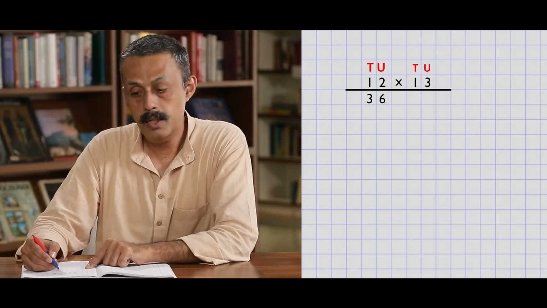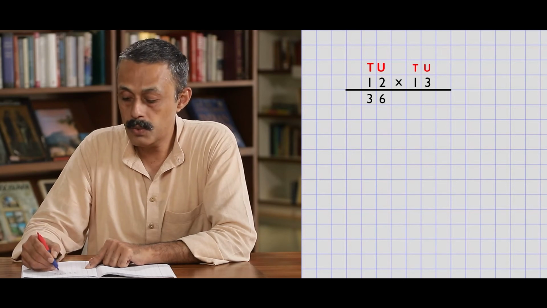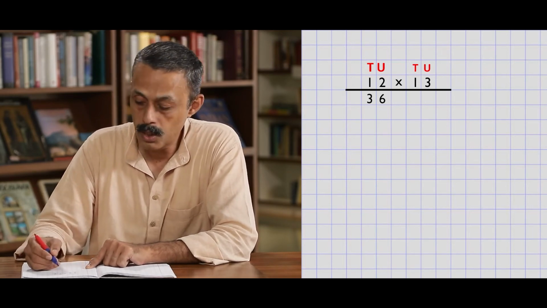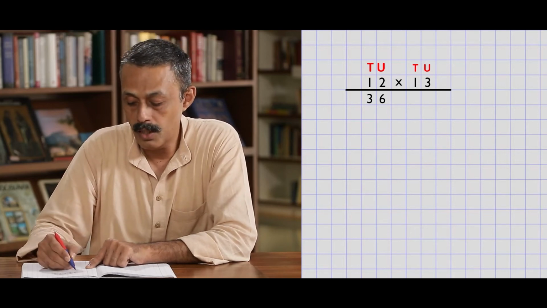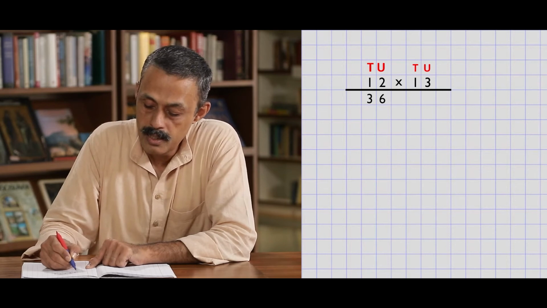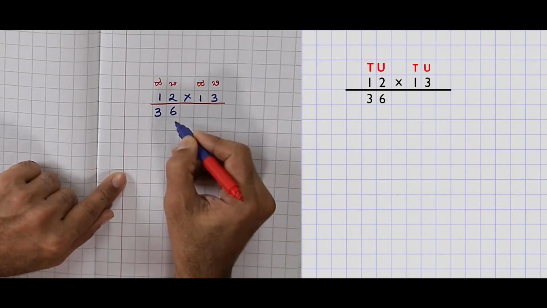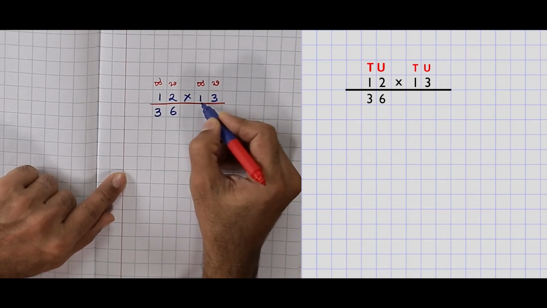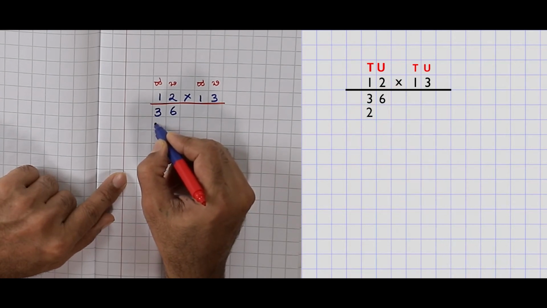So, when I say, I can say 1 into 2 or 10 into 2, that is 20. When we normally do multiplication, we just say 1 2s are 2. But where do we write this 2? Here or somewhere down here? Normally we say we have to write it here.